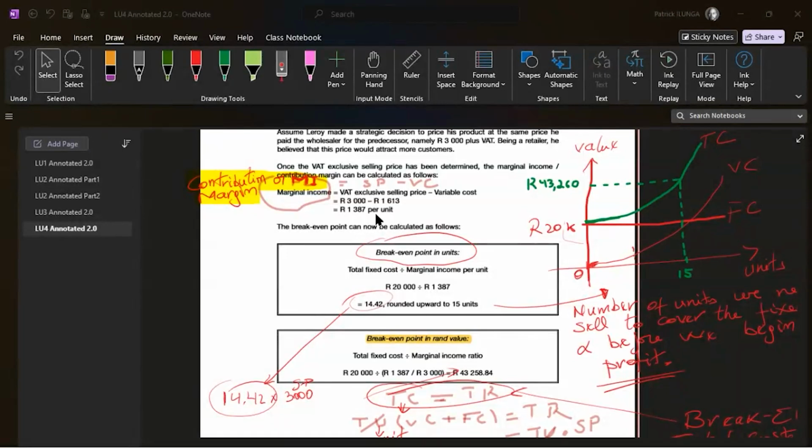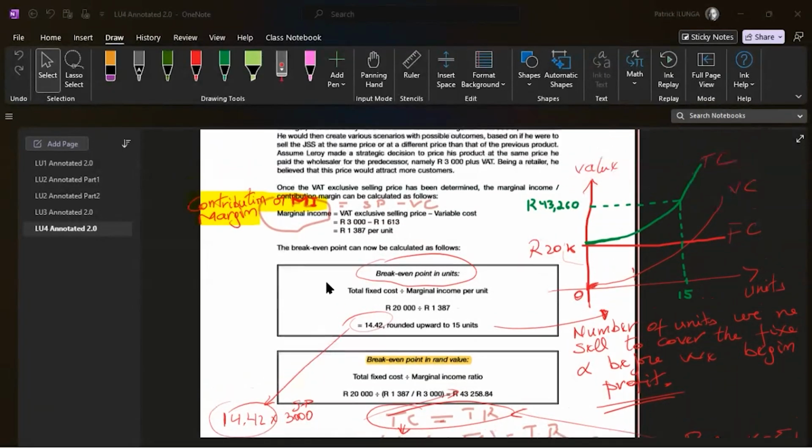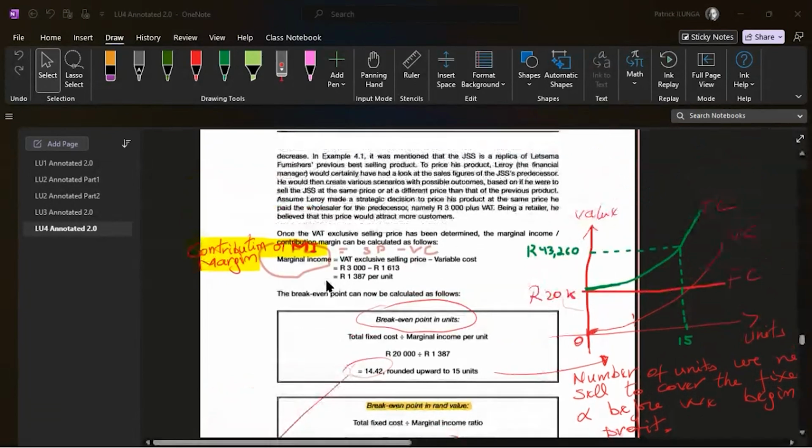But that 300 excluding the VAT. Yes, it's exclusive, so you don't need to calculate VAT. If it was VAT inclusive, then you would have to calculate the VAT. I was also confused by it because in the scenario it says 3,000 plus VAT.